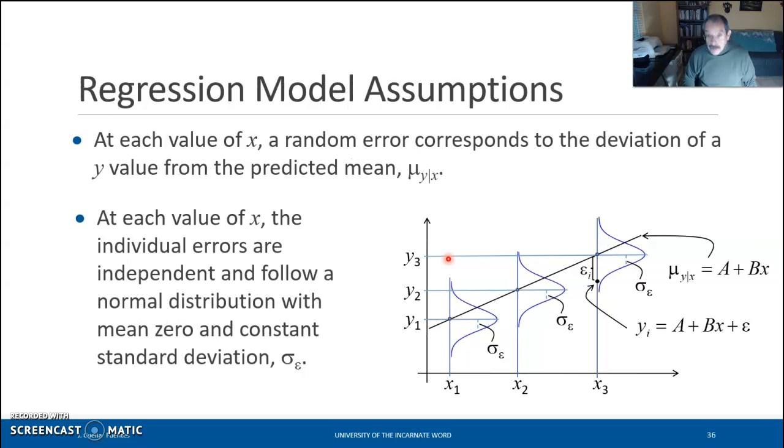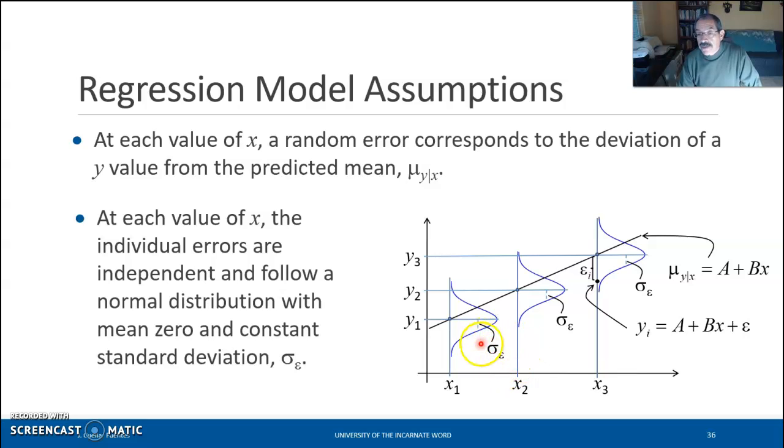All right, and one more thing I should say. We identified that the parameters a and b determine this parameter mu y given x. And for each value of y, given these 2 parameters a and b, we can find the epsilon values. There is one more parameter that we need to estimate, and that's the standard deviation of the random errors.